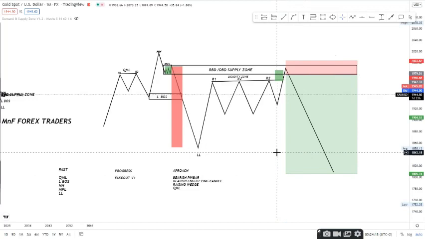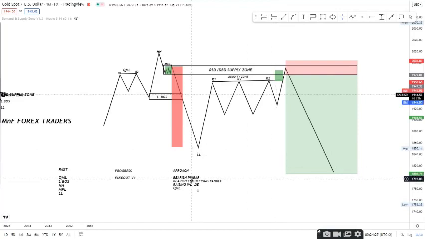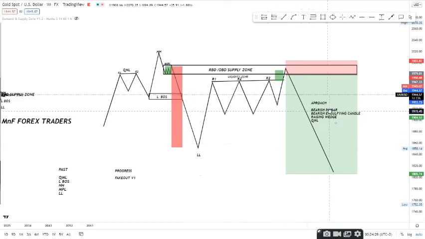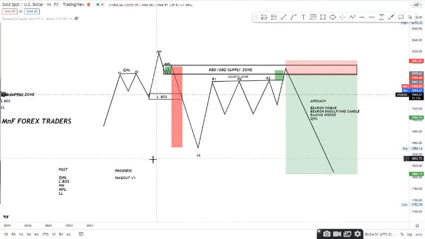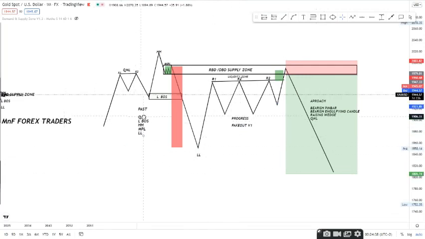That's where our target is going to be. So this is how it is, guys. The setup is complete, and if the market goes in your favor, then you enjoy.